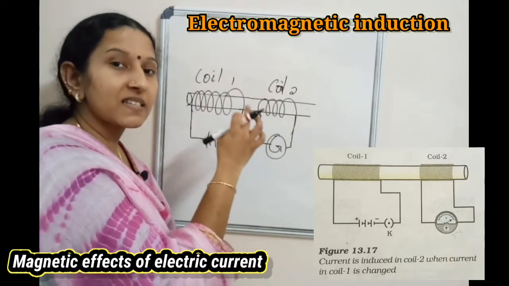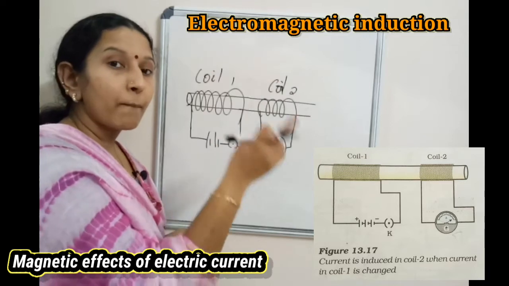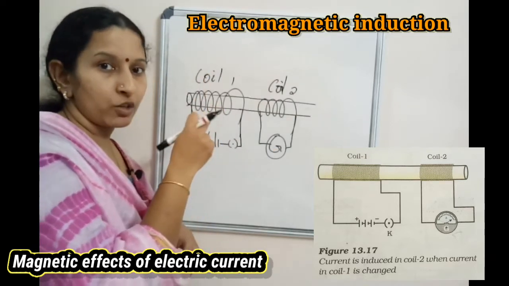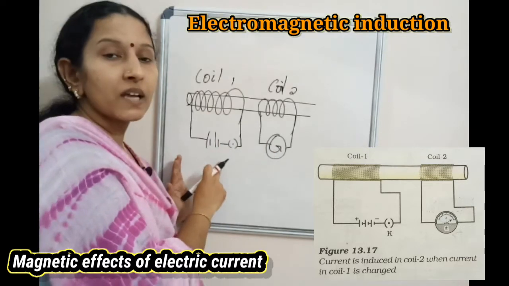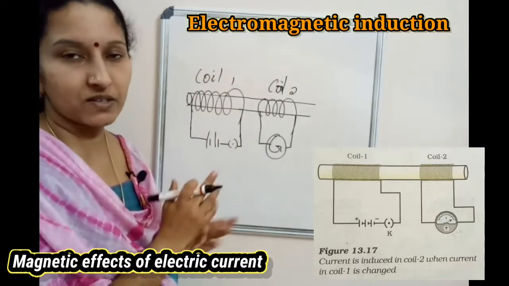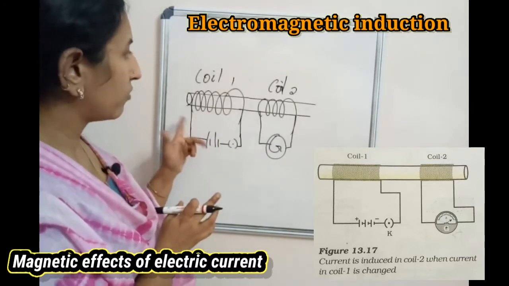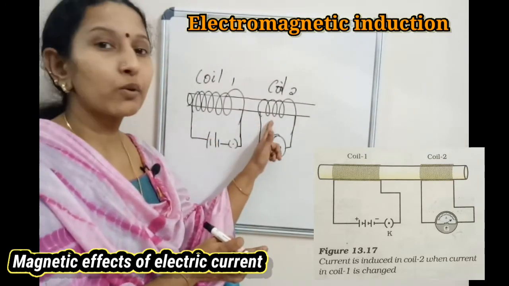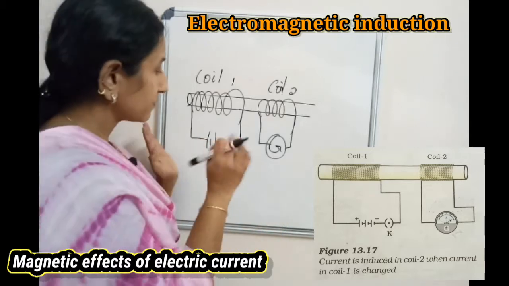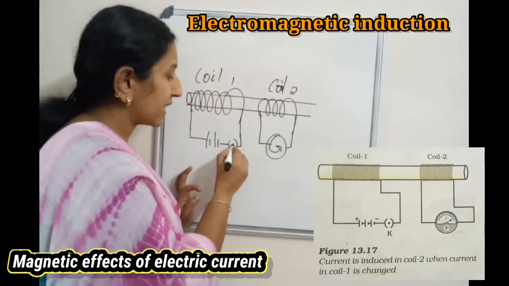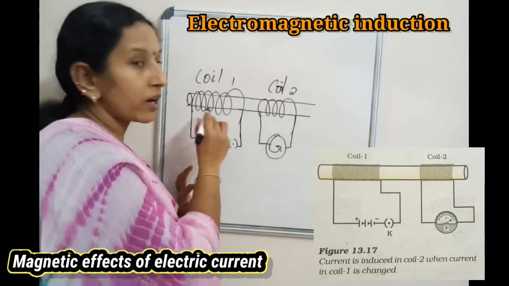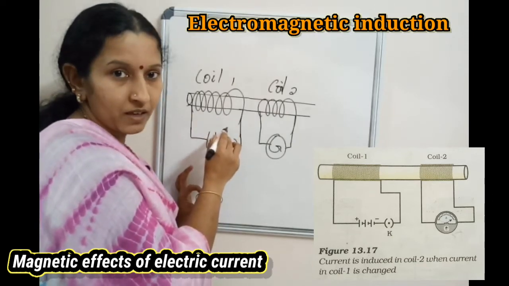So this is just like our previous example, but in the previous example we used a natural bar magnet, and here we are using an electromagnet. That is the only difference. On plugging the key, electricity starts to flow through coil 1, and this coil behaves like a magnet.